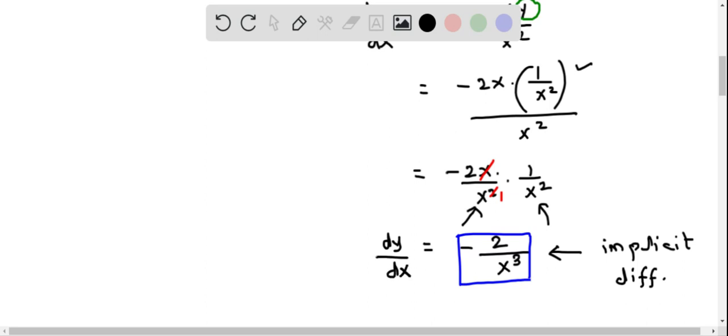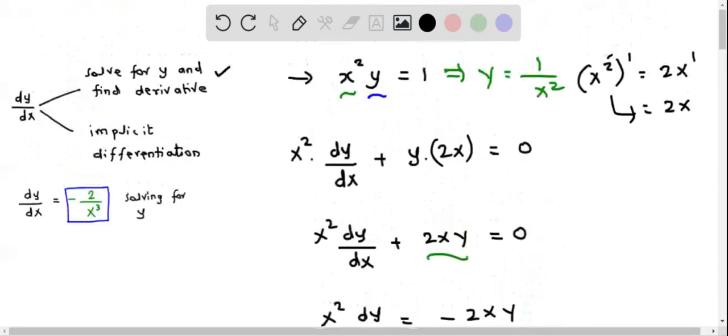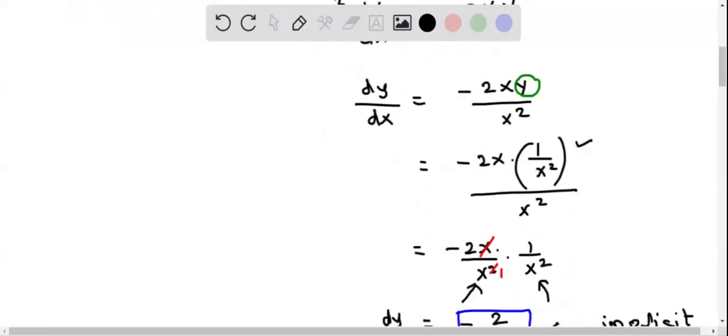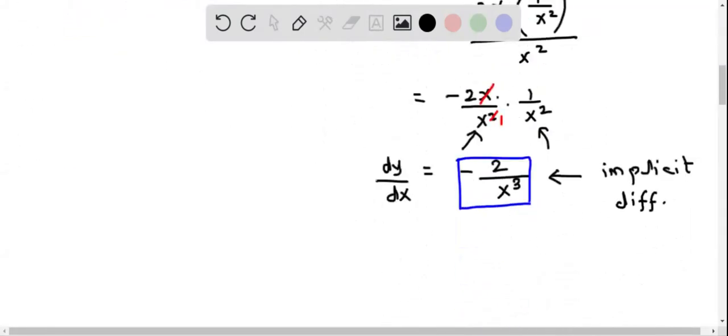Now let's check both the dy by dx which we have done in both ways. The first way, that is when we solve for y and then found the derivative, we get negative 2 by x cube, and after we do it by implicit differentiation, we also got the same result, that is negative 2 over x cube.